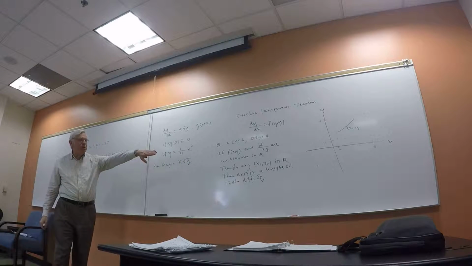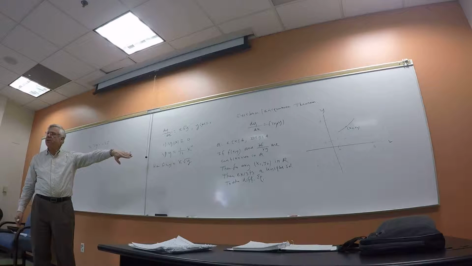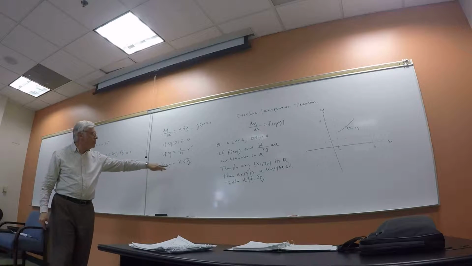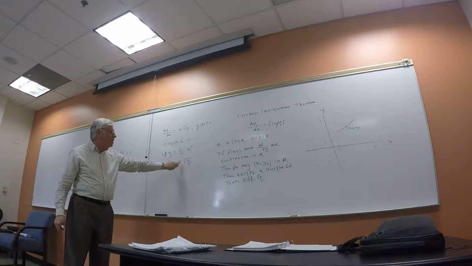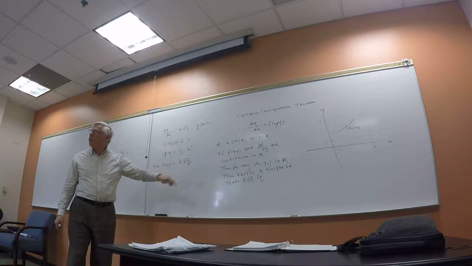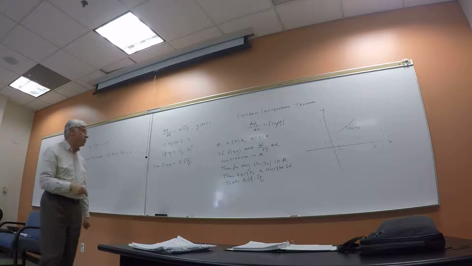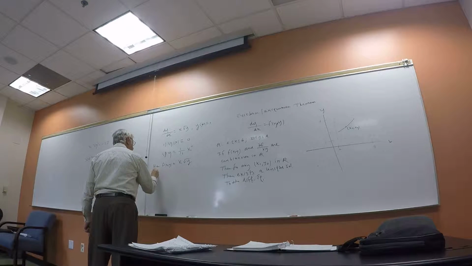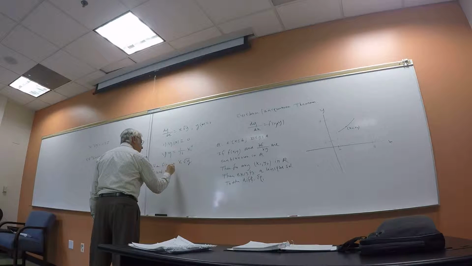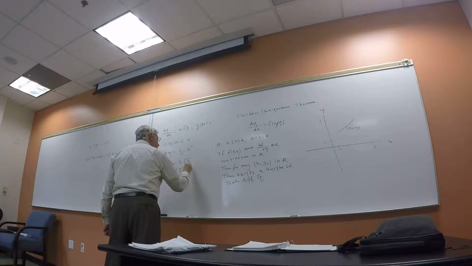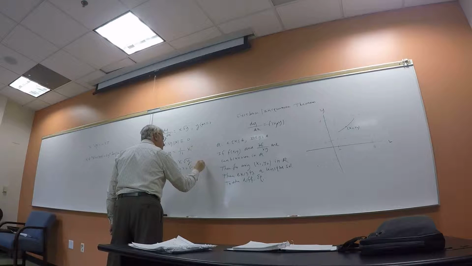Remember, the first thing that we have to look at is f of x, y has to be continuous. Where is f of x, y continuous over here? x is okay, but radical y requires what? y has to be greater or equal to 0. So f of x, y equals x radical y is continuous only if y is greater than or equal to 0, but the x is fine: minus infinity less than x less than infinity.